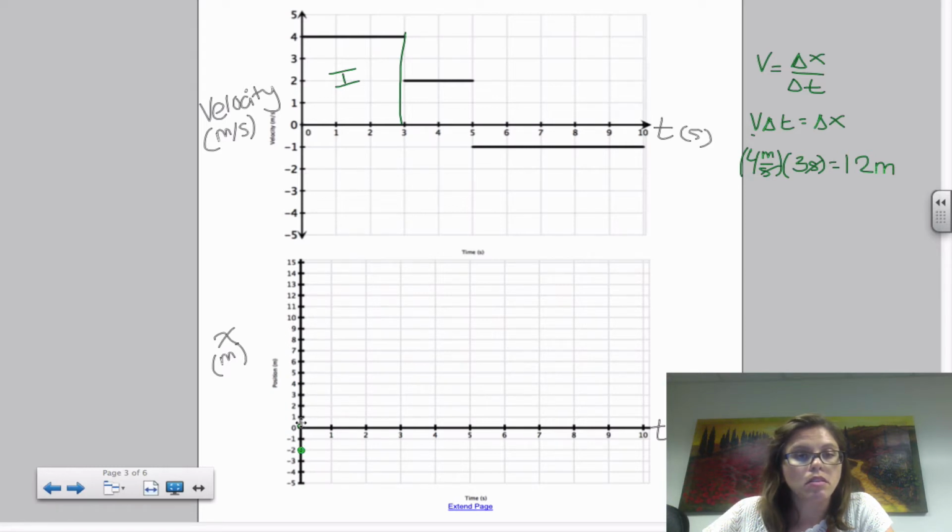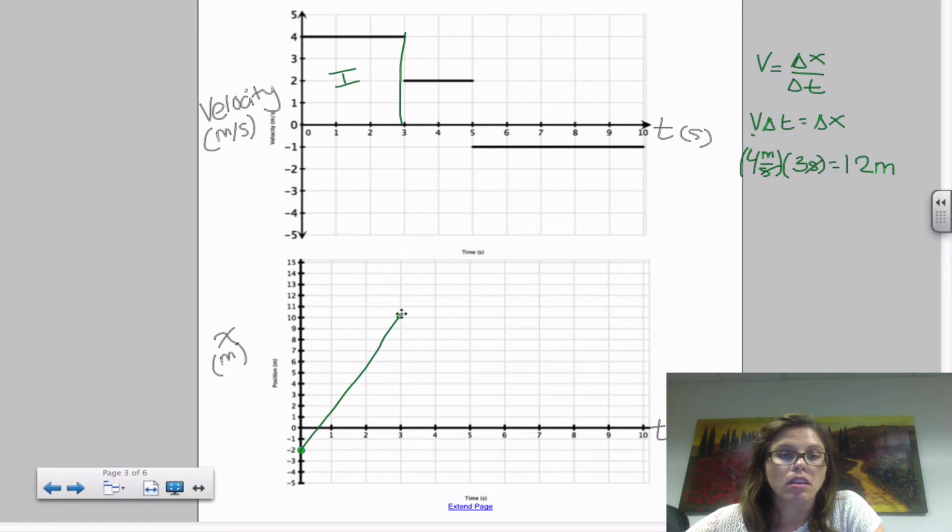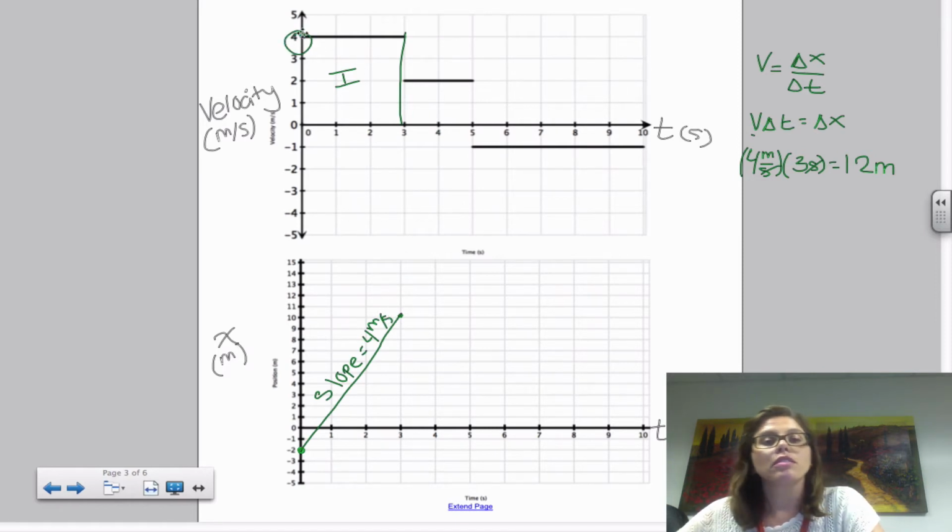We're going to go positive 12 meters in 3 seconds. So draw that line. The slope of this line equals 4 meters per second. Ta-da!